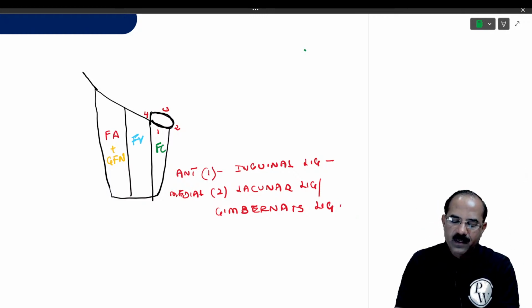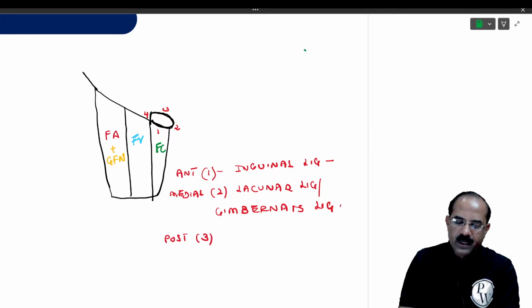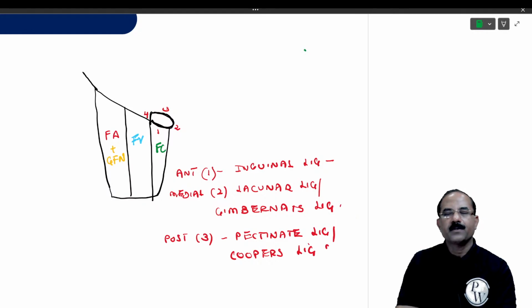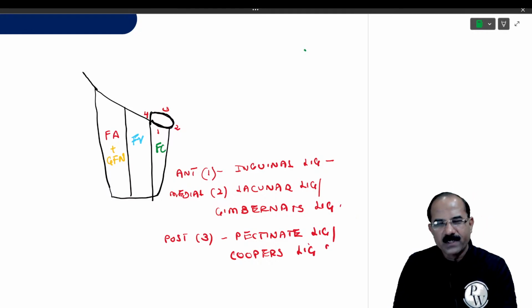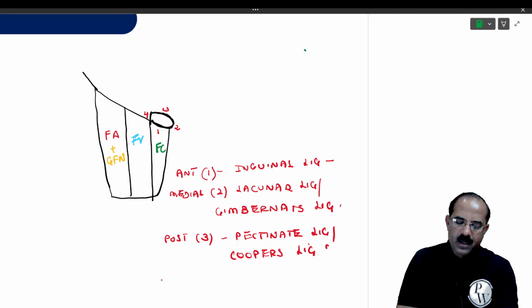Lacunar ligament. अब same lacunar ligament पीछे जाएगा posteriorly. Posteriorly it goes on the pecten pubis and इसका नाम होगा pectinate ligament or Cooper's ligament. So number 3 is the pectinate ligament or Cooper's ligament, and laterally is number 4.